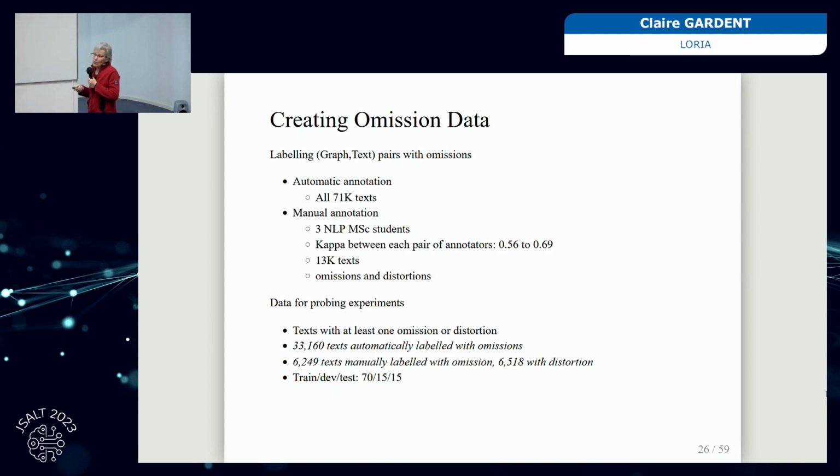So they are incorrect, still not semantically adequate, but also very different from omission, where an entity is not mentioned at all. Okay, so we label our texts with information about whether or not they contain omission and distortion when we have the manual annotation. And then we are going to use this data to train and test our probes.